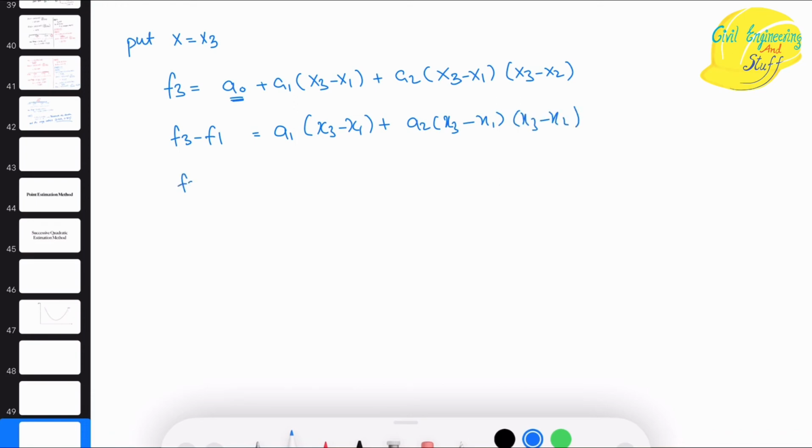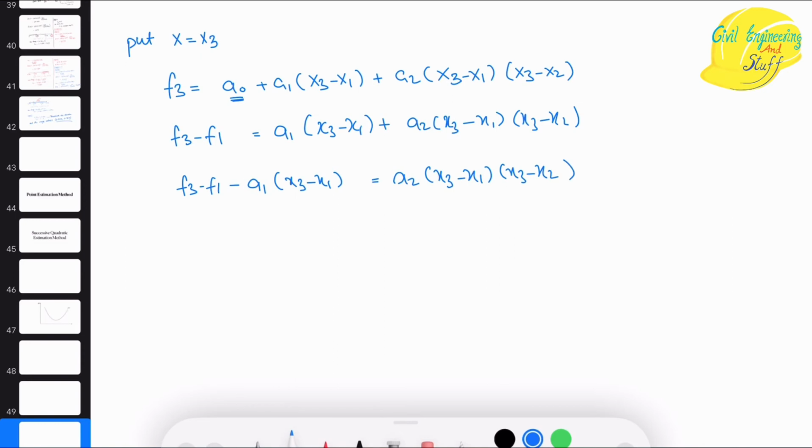Okay, so solving it, (f3 minus f1) divided by (x3 minus x1), this is f3, minus a1 (x3 minus x1), this will give a2 (x3 minus x1)(x3 minus x2).